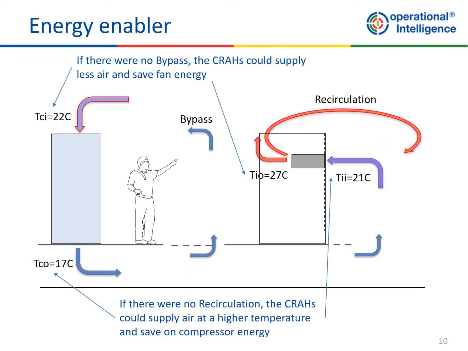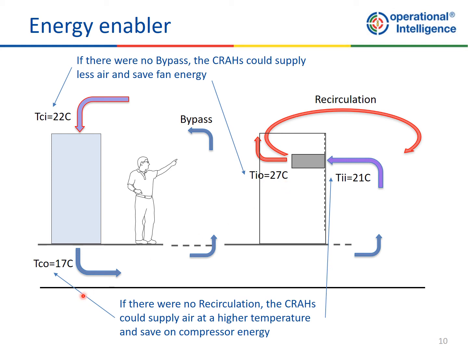So this is the last slide, just explaining why air management is an energy enabler. We use the same temperatures as we had before, representing the data center with one CRA unit and one IT equipment. Same temperatures, 17, 27 here, 21 and 27 degrees here.